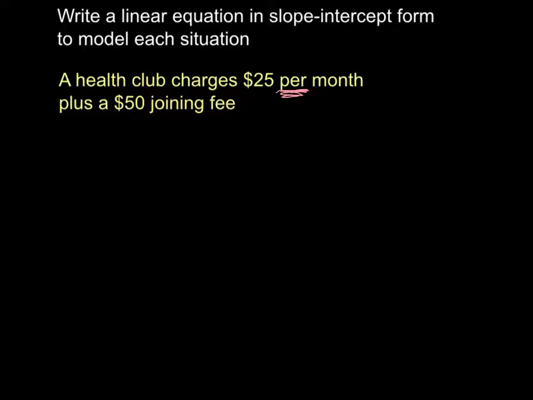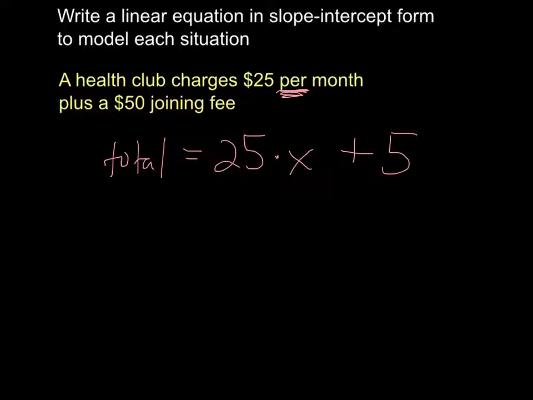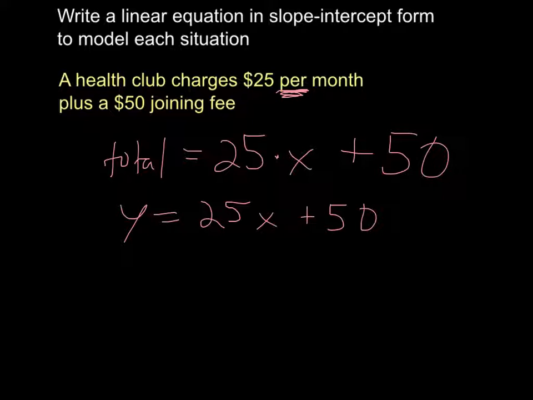So we know that the total cost is going to equal $25 times the number of months plus a one-time $50 joining fee. You can write this as y equals 25x plus 50, or in function notation, you just write it as f of x equals 25x plus 50.